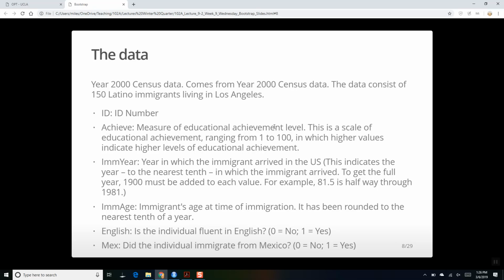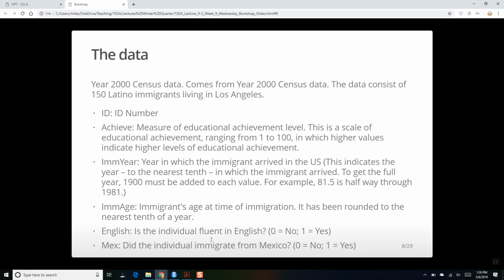Does 50 mean they graduated from high school, or does 50 mean they only achieved 11th grade or 10th grade or whatever? It doesn't say, okay? We don't know what graduating from college turns into as far as level 1 through 100. All we know is 1 is small, and 100 is big, okay? And it's somehow coded from our data.